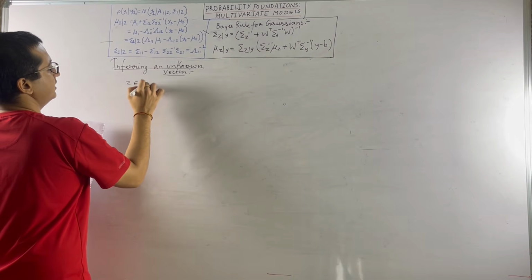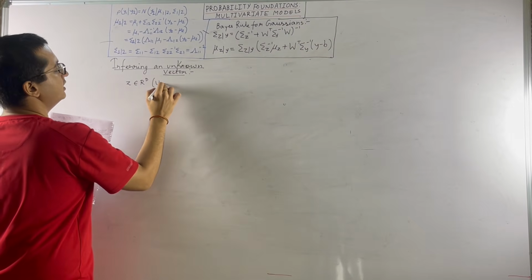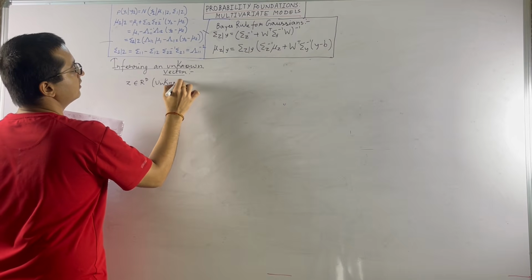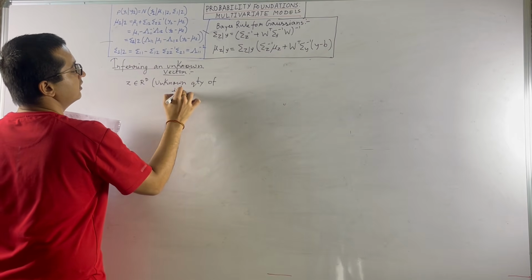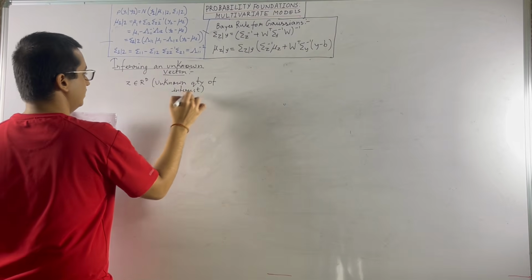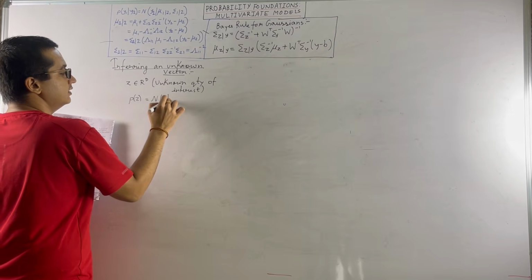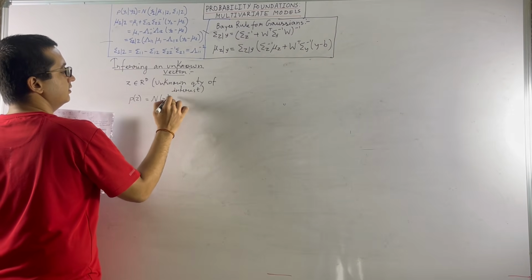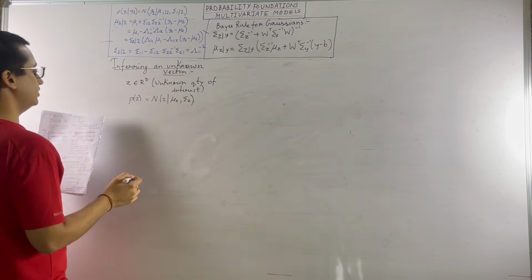So z is my latent that I want to estimate. This is the unknown quantity of interest that I want to estimate. And we assume a Gaussian prior for it, z distributed as normal with mean mu z and covariance sigma z.